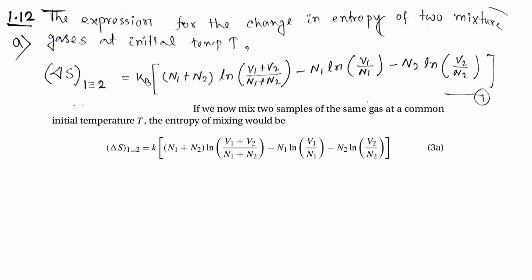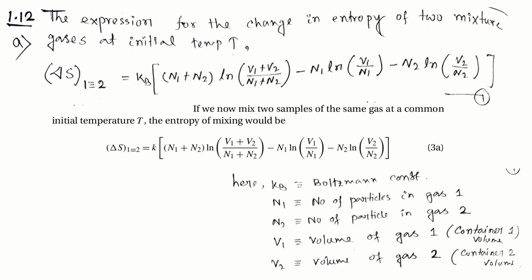Basically I will use that equation, and from here we will derive the desired result. Here Kb is the Boltzmann constant, N1 is the number of particles in gas 1, N2 is the number of particles in gas 2, V1 is the volume of container 1, and V2 is the volume of container 2.